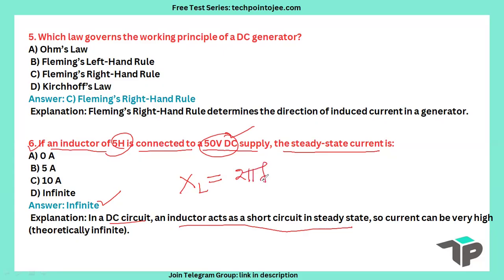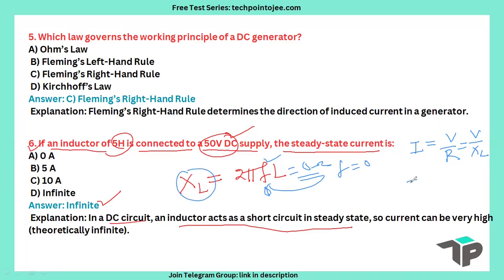XL equal to 2 pi into F into L, where F is the frequency. In a DC supply the frequency is 0, so putting 0 for frequency, XL will be 0 ohm. The current formula is I equal to V by R in general, but here we write V by XL, because it is not resistance but inductive reactance XL.